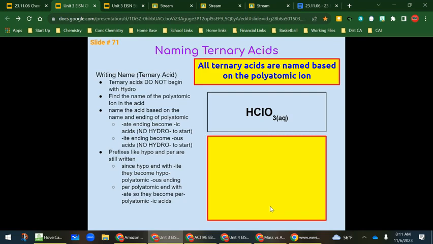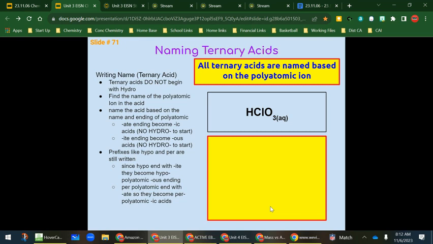So if this were chlorite, it would become chlorous acid. No hydro, either an ic ending in it or an OUS ending in it. So you can have hydrosulfuric and you can have sulfuric acid. Two different acids. Why? One is binary, one is not.